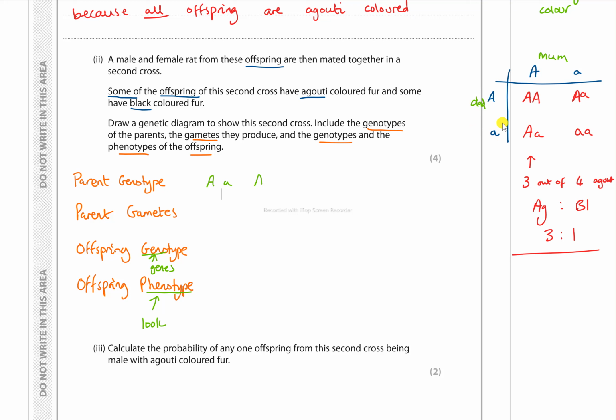So you've only got big A, small a, agouti and black. These are the only two gametes that you've got. Right, the offspring, remember what we did here, the offspring are AA genotype. We don't need to repeat that in the same way we didn't need to repeat this. And then finally we've got little a, which is black.